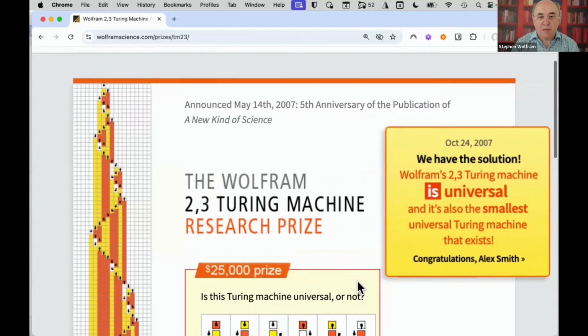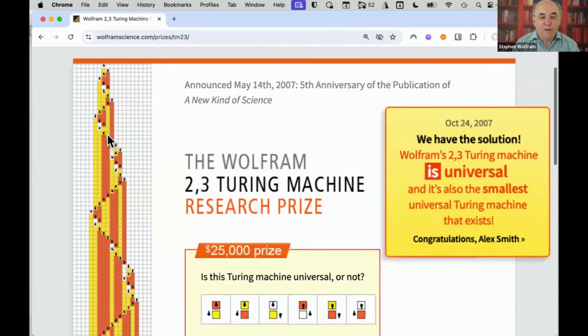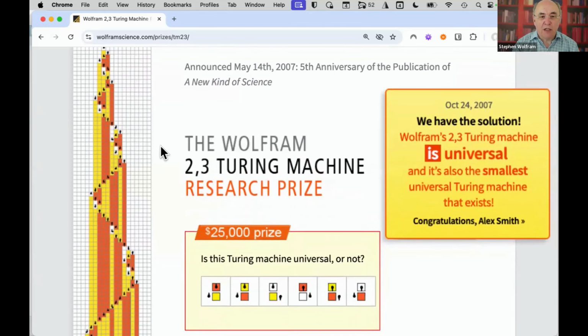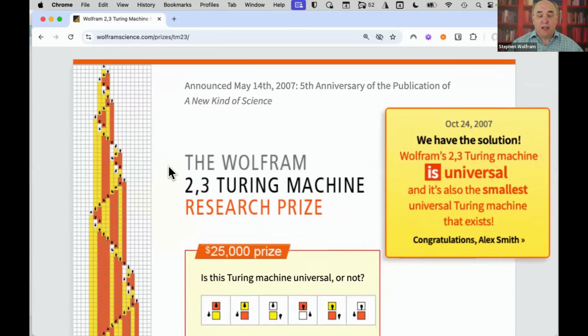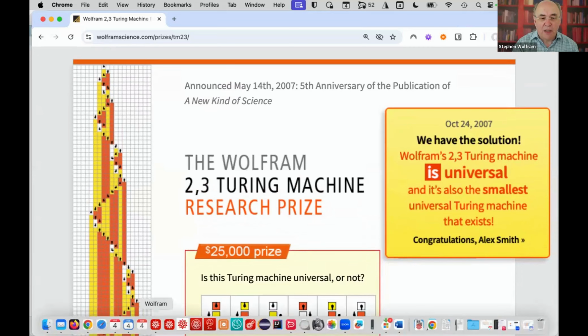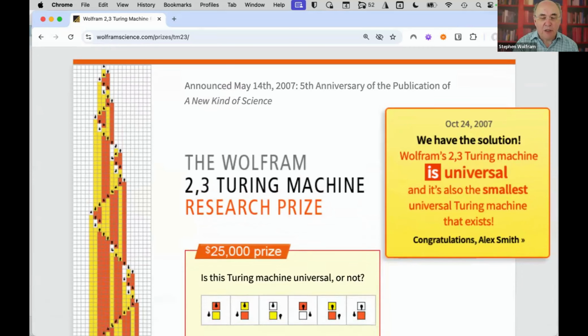And it turns out, yes, a young chap, who wasn't quite as young anymore, proved that, yes, indeed, this particular Turing machine, the simplest Turing machine that isn't obviously not universal, is universal. So these are circumstantial pieces of evidence for this principle of computational equivalence.